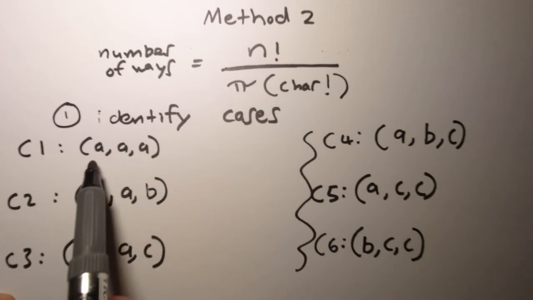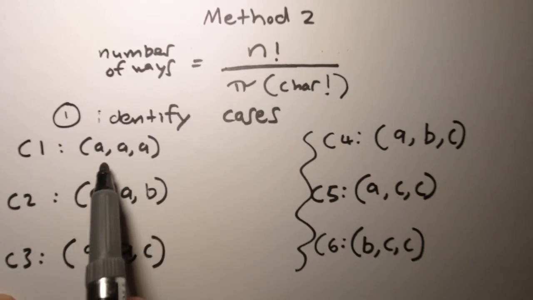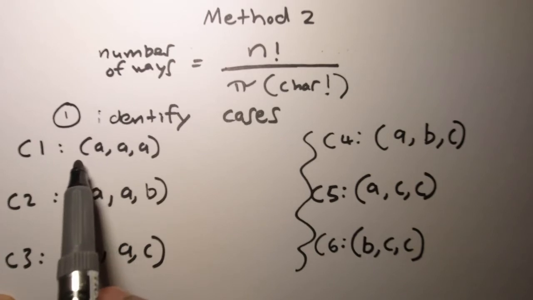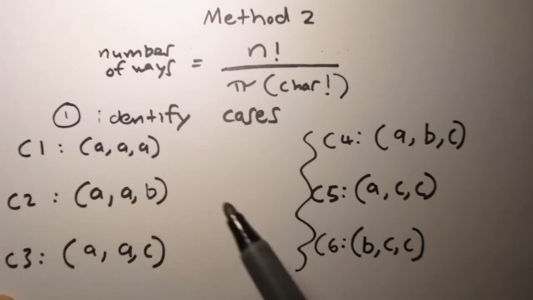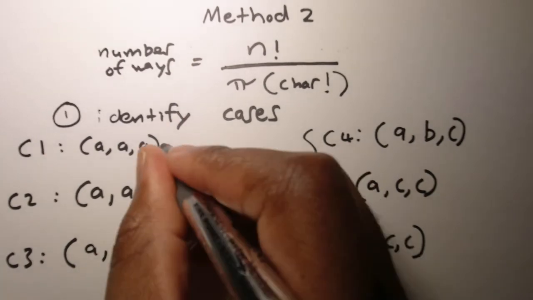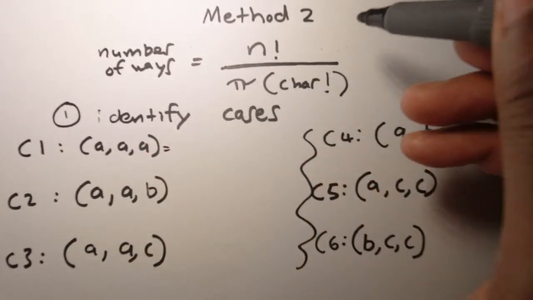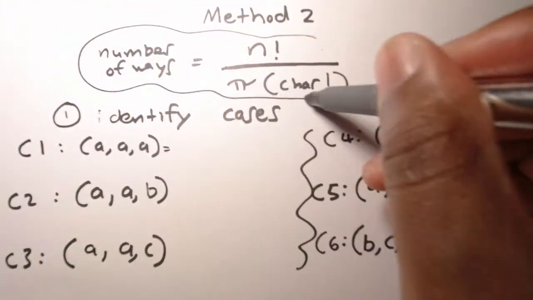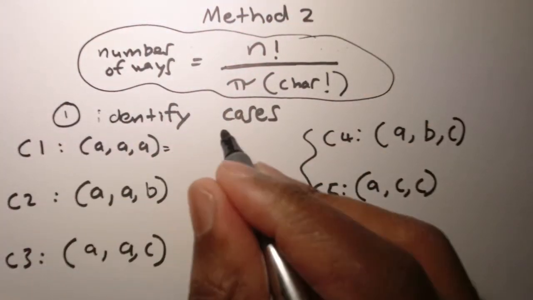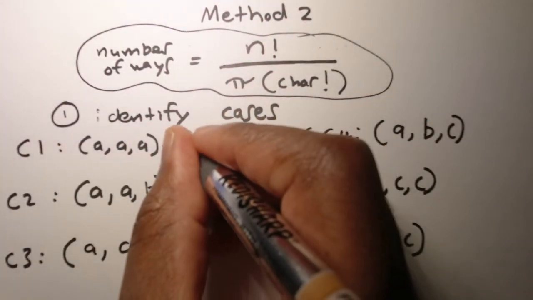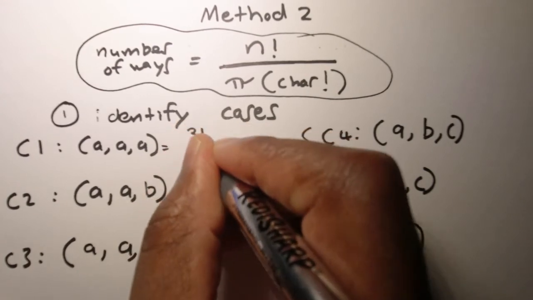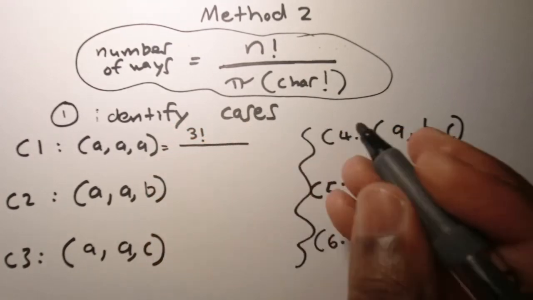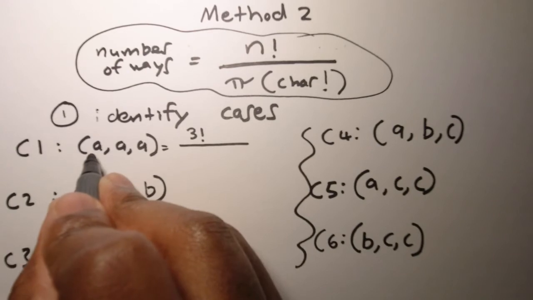And here we can apply the counting rule to find the total number of items that will be within this combination. Let's take a look. Using the counting rule that we have here, for C1, we'll have 3 factorial, which is the length of the string, divided by, let's see how many A's we have.